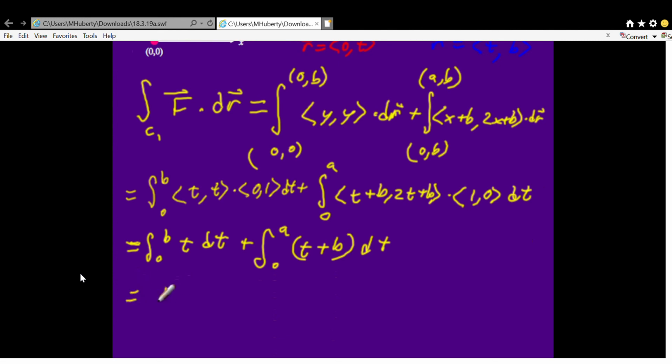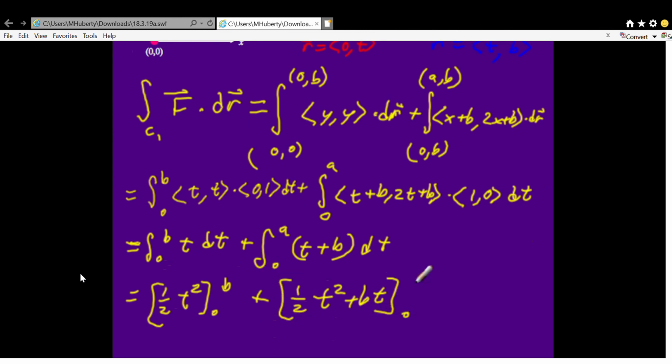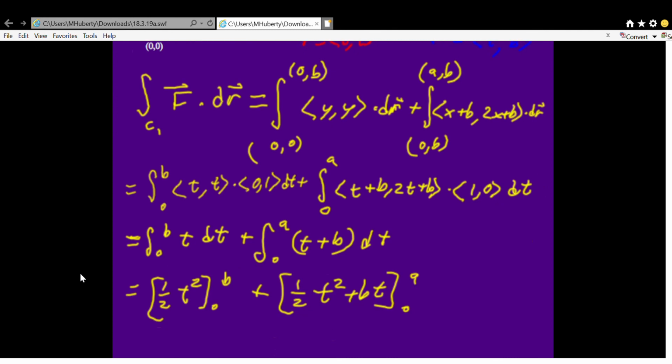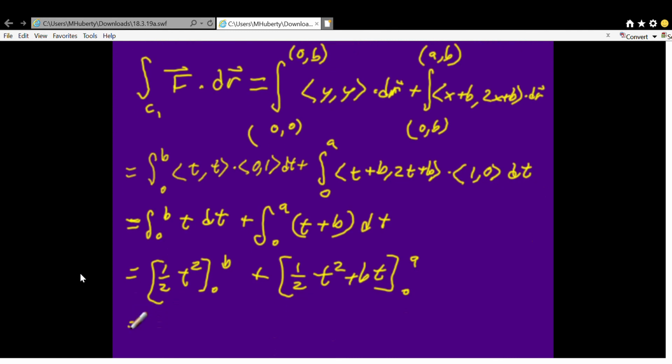We have 1/2 t squared, and that's going from 0 to b, and then this portion becomes 1/2 t squared plus bt, and that gets evaluated from 0 to a, and we get 1/2 b squared plus 1/2 a squared plus b times a.